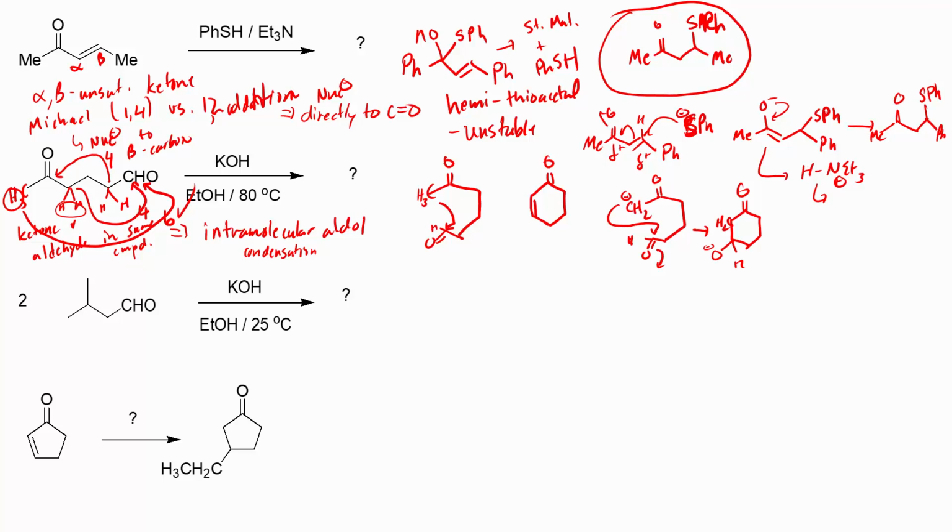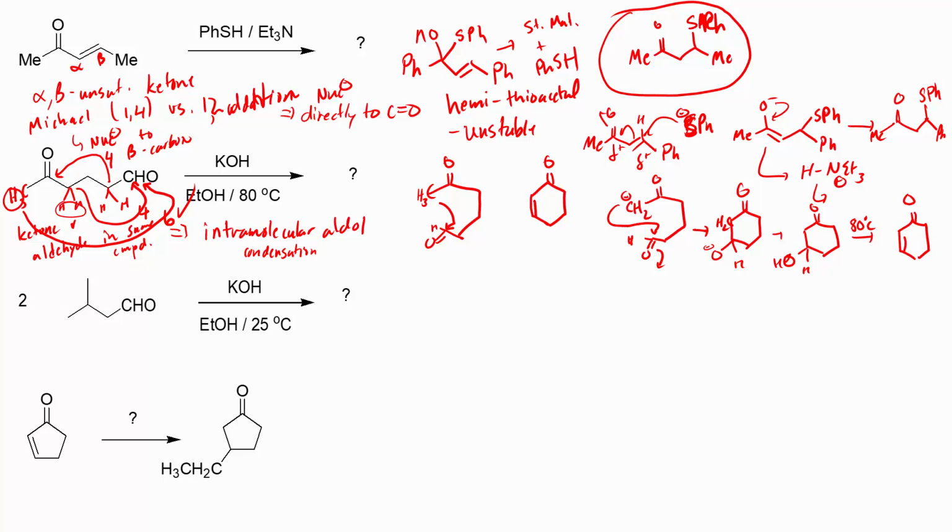All right, so this would be our hypothetical 25-degree aldol product right here. Room temperature aldol product, but at 80 degrees for reasons that we've talked about before, an additional reaction is going to happen that causes the dehydration and formation of the alpha-beta unsaturated compound. All right, so that would be the answer to that problem right there.